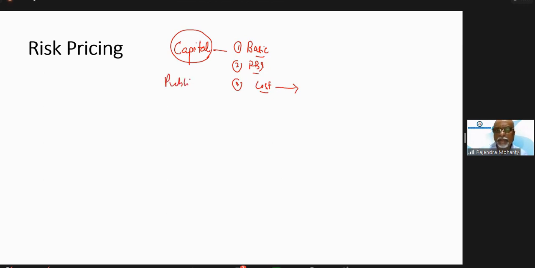The cost of capital arises when you are arranging for capital. If it is your own capital, then there is no problem. But you have asked the public to invest in your capital. Most of the banks have issued shares to the public. The public has invested, so they are the shareholders.